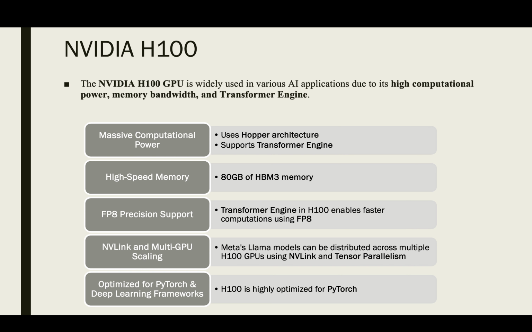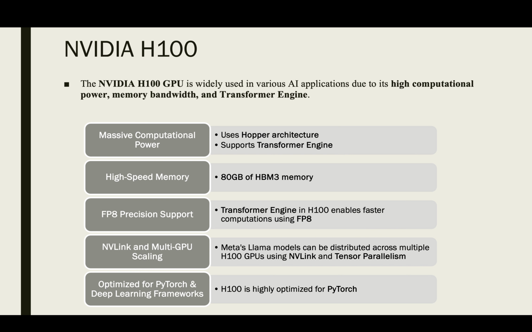Then it provides high speed memory as well, where it offers 80 GB of HBM3 memory with up to 3.35 TB per second bandwidth, crucial for our Llama models.